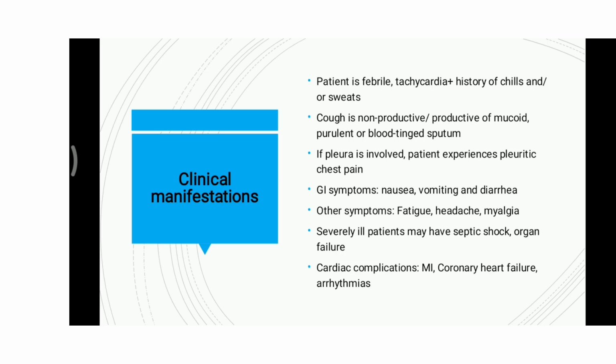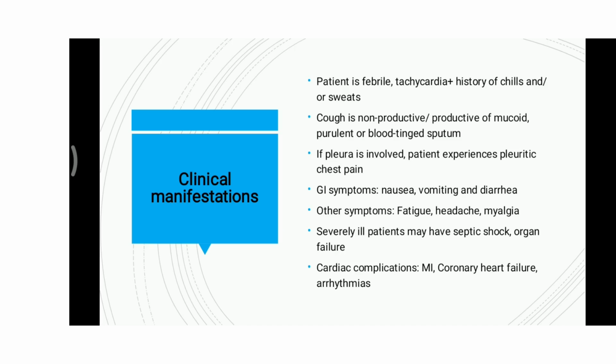Productive means cough with sputum, non-productive is cough without sputum. In community acquired pneumonia, the patient may have a non-productive cough or a productive cough with mucoid and also purulent sputum, meaning the sputum has pus, or blood-tinged sputum, meaning the sputum will be reddish in color.